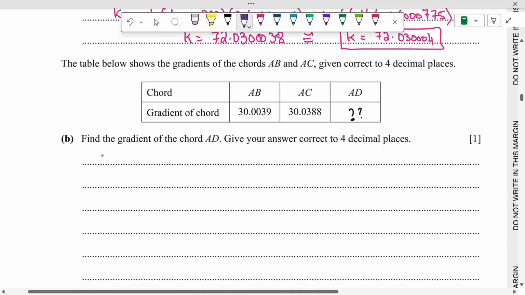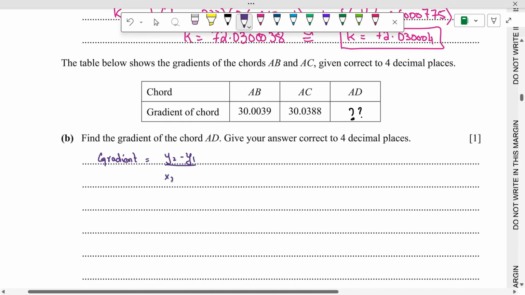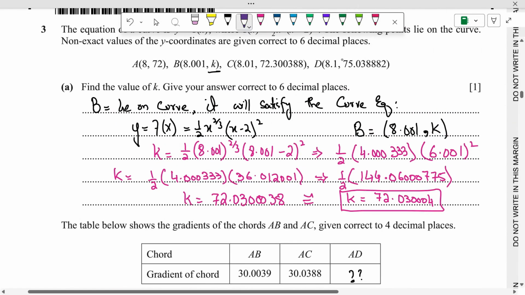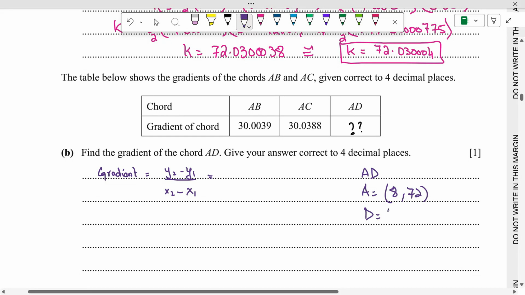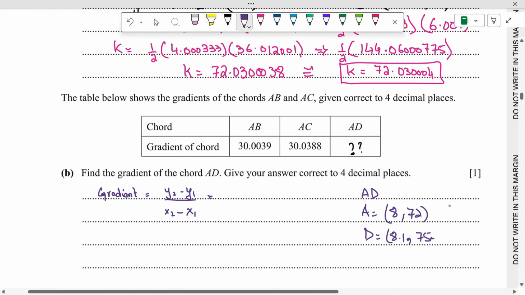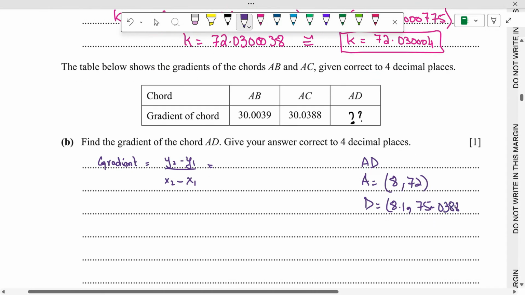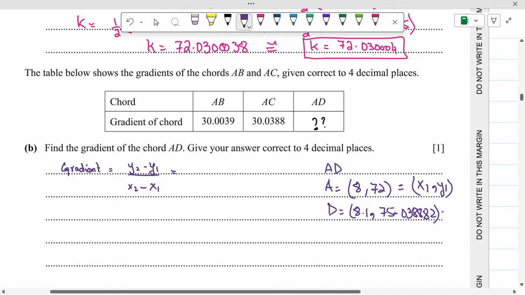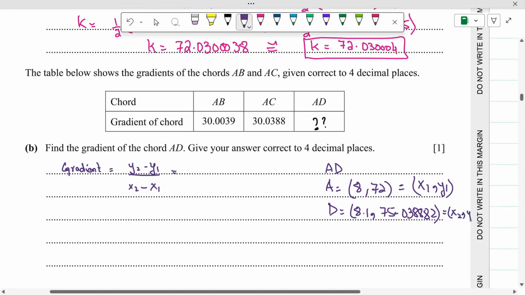We know that the gradient equals y2 minus y1 over x2 minus x1, and in this case we have the points A and D, where A is 8 and 72, and D is 8.1 and 75.03882. So we call A x1 and y1, and D is x2 and y2.